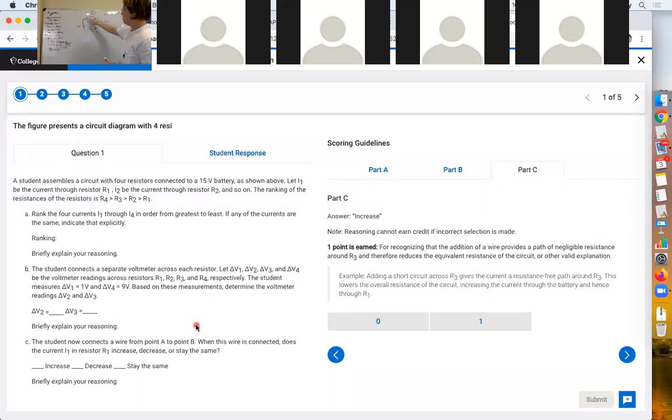Current will increase. Yeah, so you can think of it either 2 ways. 1, we add an alternate route, so the current will increase because there are more pathways. Or you could also say we shorted this resistor. What shorting means is we bypass it, aka this resistor, according to the circuit, doesn't exist anymore.